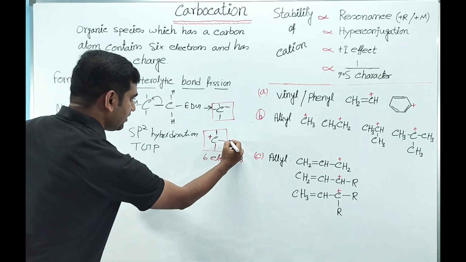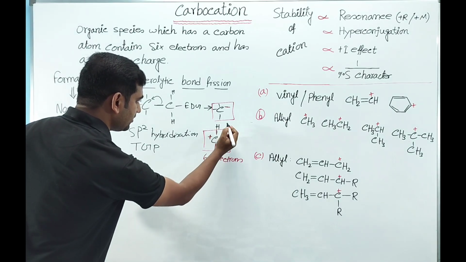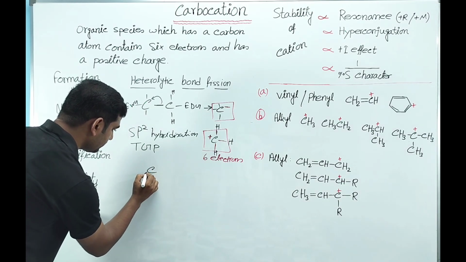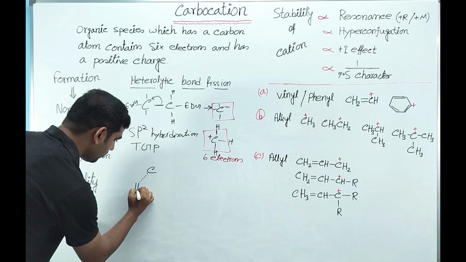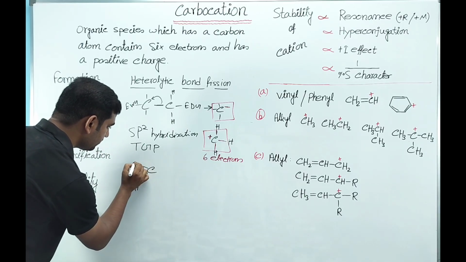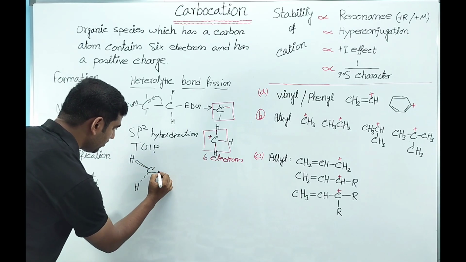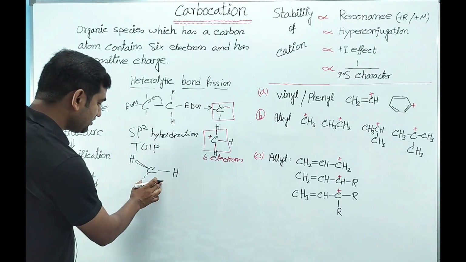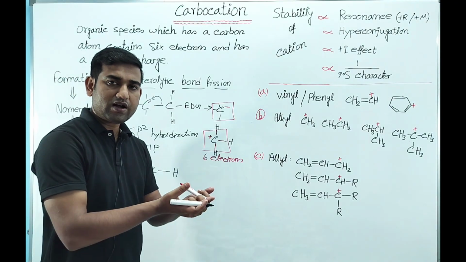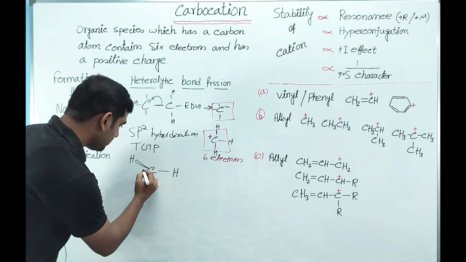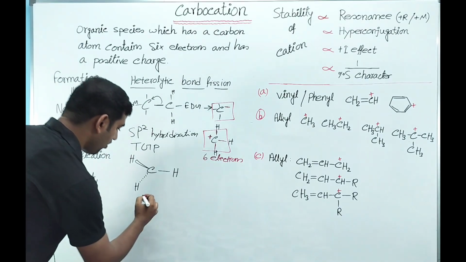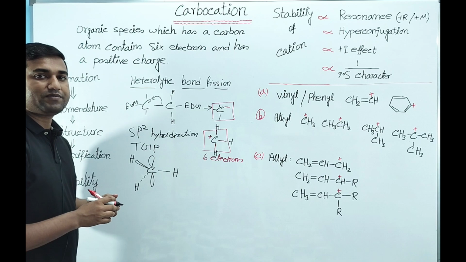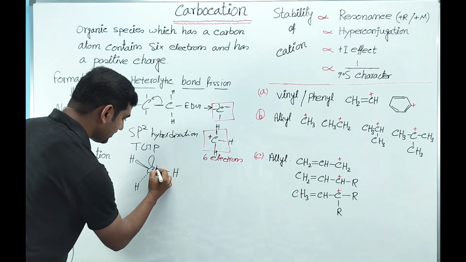Suppose this carbocation is attached with 3 hydrogens. So 3 bonds are there and this geometry is trigonal planar, in one plane, and this bond angle is 120 degrees. And there is one unhybridized empty p orbital which contains the positive charge.